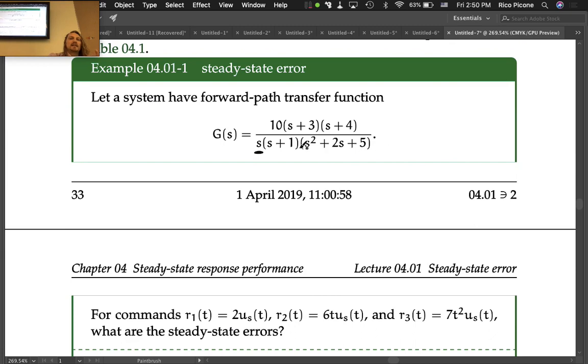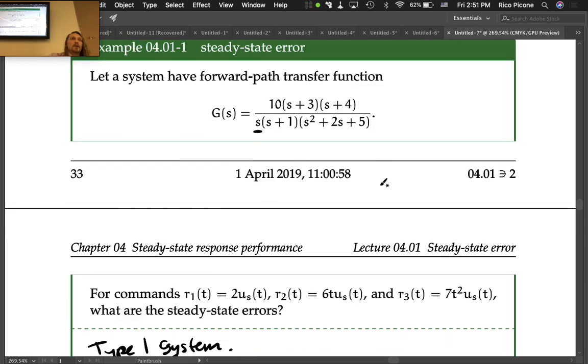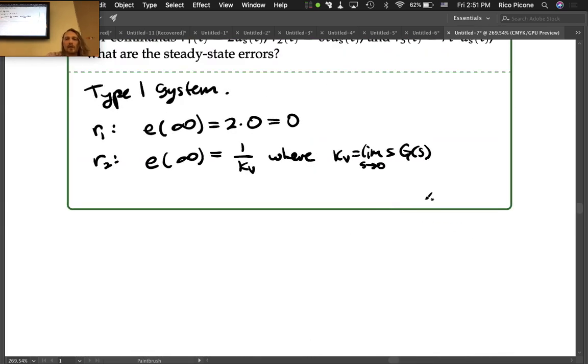The s cancels with this s, right? So then we're left with all the s terms going to 0. We're left with 10 times 3 times 4 divided by 1 times 5. So we have 2 times 3 times 4 is 24, right? So we've got 24. So then e of infinity equals 1 over, or not 1 over 24.